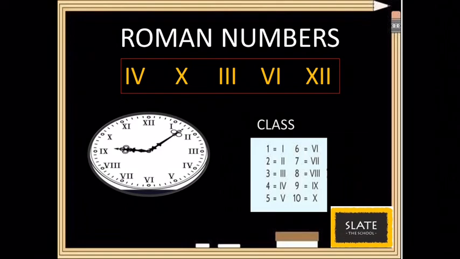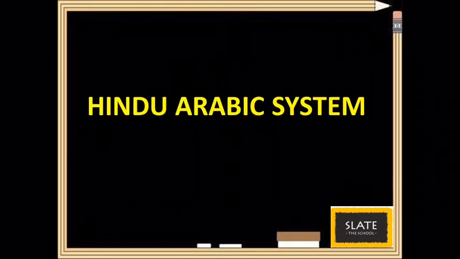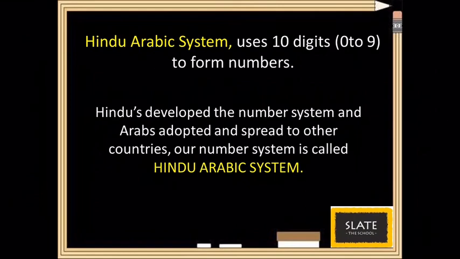So, today let us learn some interesting facts of one more new number system, that is Roman number system. Slaters, we already learnt about our number system, that is Hindu-Arabic system. Also, we know that Hindu-Arabic system uses 10 digits, that is 0 to 9, to form numbers.